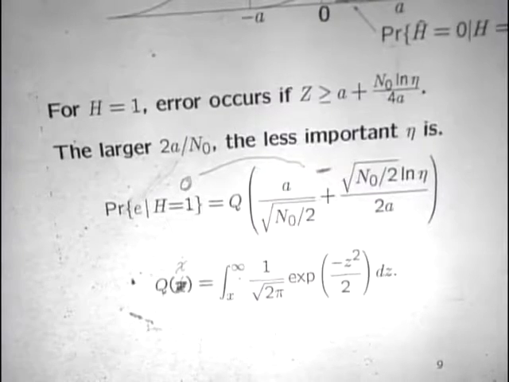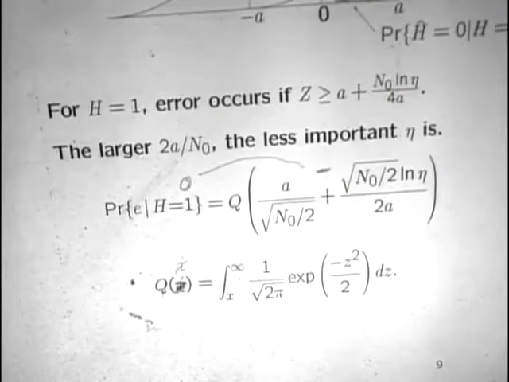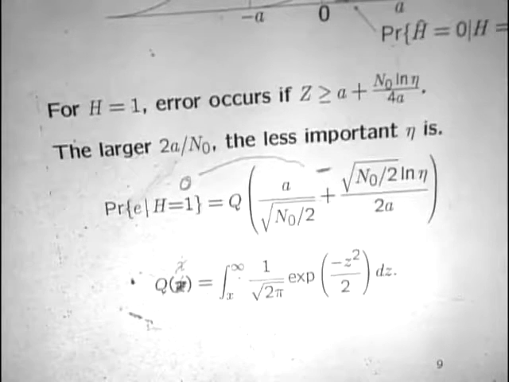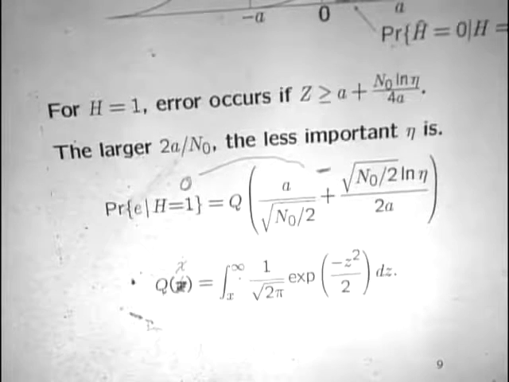because one of the things we always do here, the way we choose n0 over 2, n0 over 2 is a sort of meaningless quantity. It's the noise energy in 1 degree of freedom in the scaling reference that we're using for the data. Okay? And that's the only definition you can come up with that makes any sense.